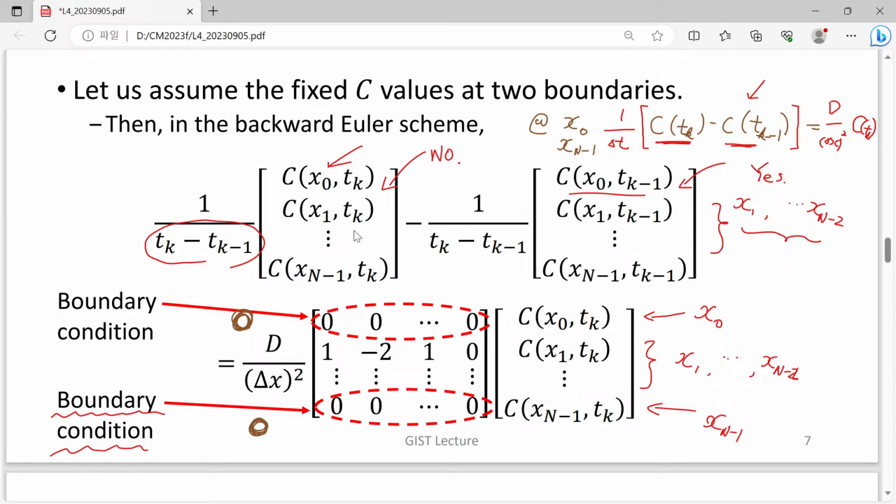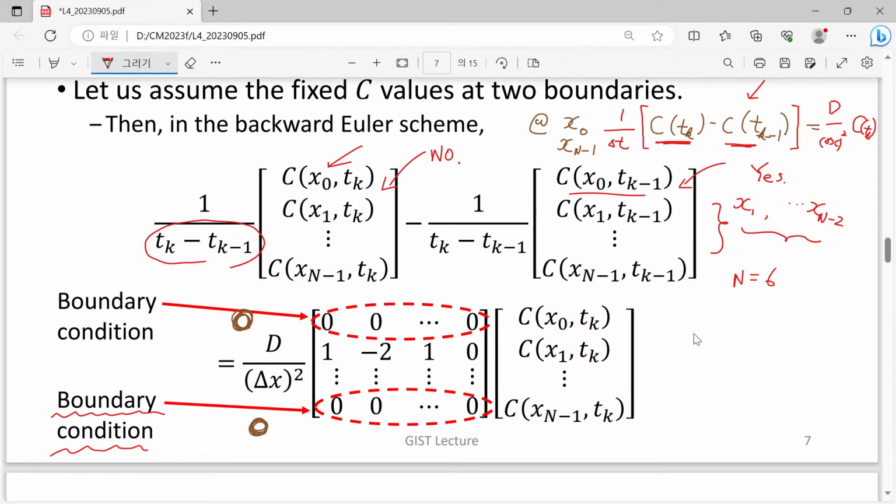So they are special. Although I have written it in this way to simplify our equation, let me write down a more detailed view, like the n equal to 6 case. Then you will find that these two boundaries are really a small portion. So 0, 1, 0, 0, 0, 0.